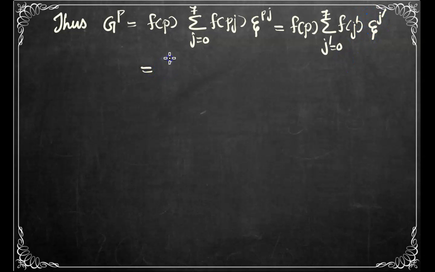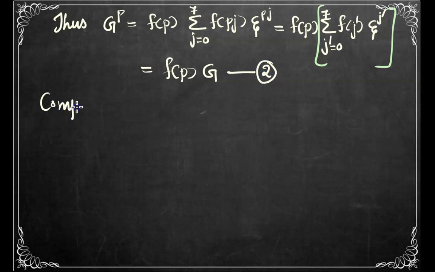And this can be expressed as f of p into, we can compare the expression given here to the definition of g and can observe that this is in fact g. Let us label this equation as equation 2.